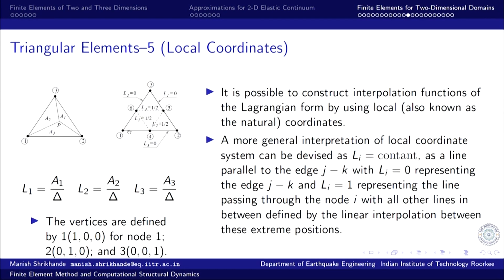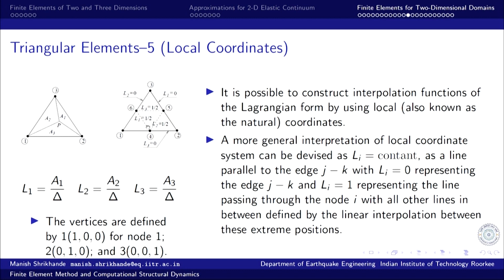So, for node 1, obviously, it has to vanish at this particular edge. So, it is equal to L 1. L 1 vanishes at this node, so this line is fine. All these 3 nodes are taken care of by the vanishing condition.